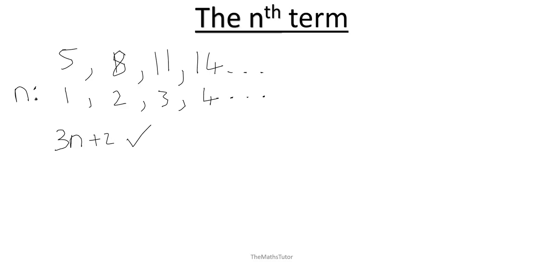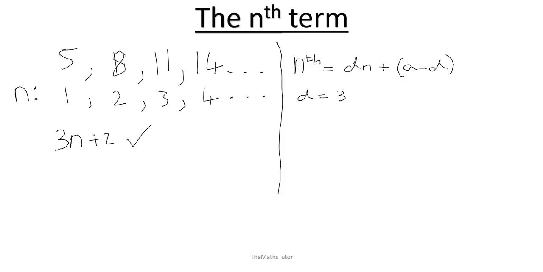This is the first and most popular method of doing nth term problems, but for simple nth term problems such as this, there is another method, and it's the equation method. If I write out the equation first, the nth term is equal to dn plus a minus d, where d equals the common difference, which in this case, as we established, is plus 3.